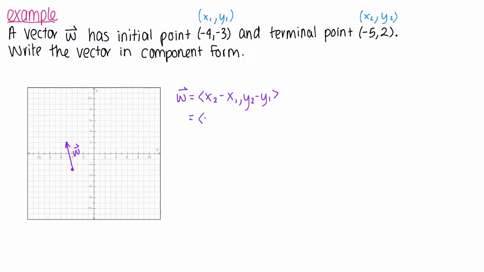So x2 is negative 5 minus negative 4, comma, 2 minus negative 3. So really this is negative 5 plus 4. This is 2 plus 3. So I'm getting negative 1, positive 5. So the horizontal component is negative 1, and the vertical component is 5.